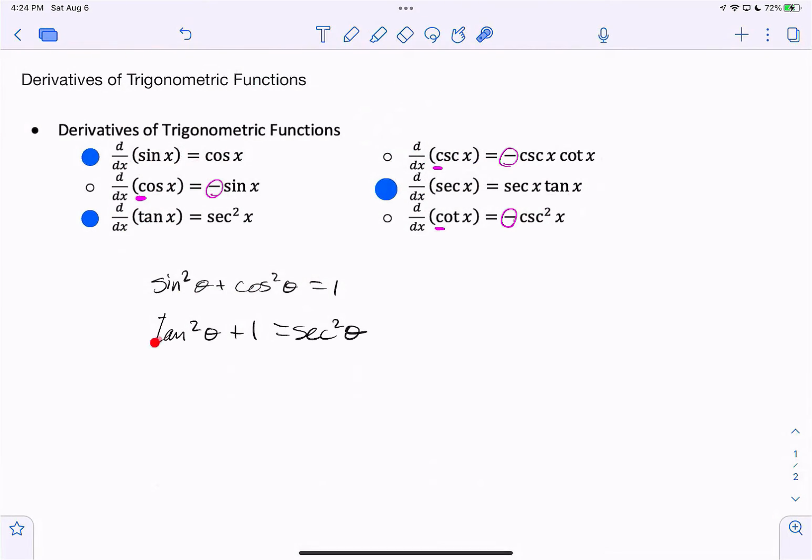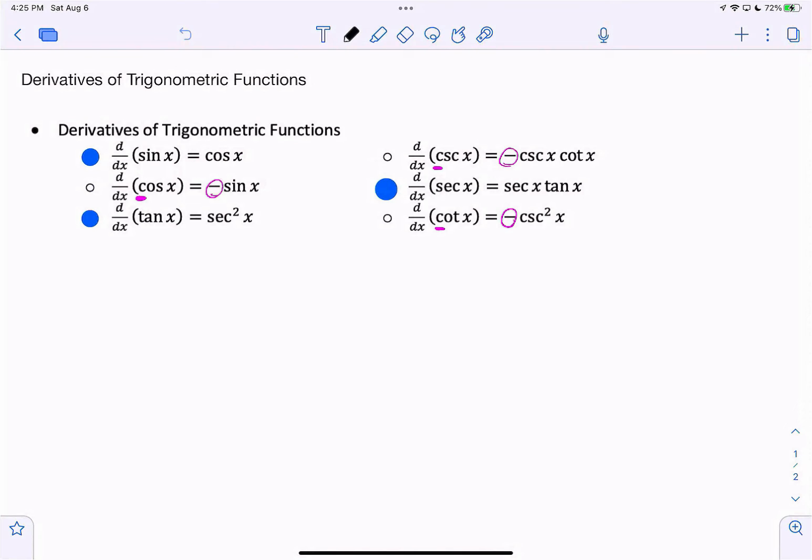Now again, this doesn't relate directly to calculus, but it's to say tangent goes with secant. And I see here that in the derivative for the tangent, we have the secant, and in the derivative for the secant, we have the secant and the tangent. They tend to go together. Now we're going to learn several of these probably by exposure, just seeing it enough times, but it would be worth your time to memorize these as soon as possible.